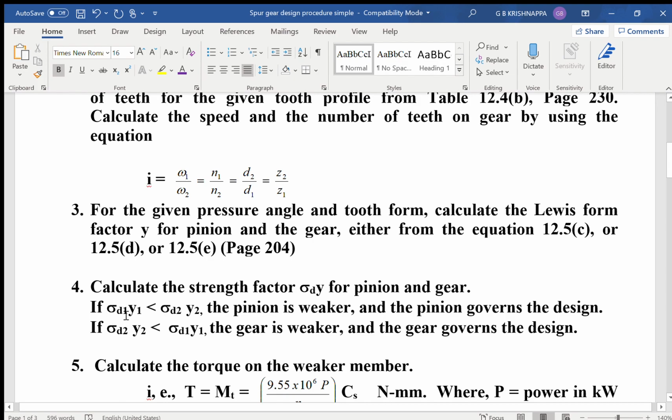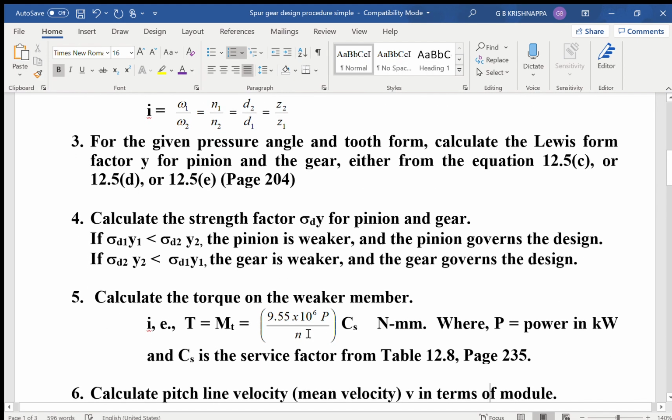If sigma d1 y1 is less than sigma d2 y2, the pinion is weaker and the pinion governs the design. If sigma d2 y2 is less than sigma d1 y1, the gear is weaker and the gear governs the design. So design must be based on the weaker member.